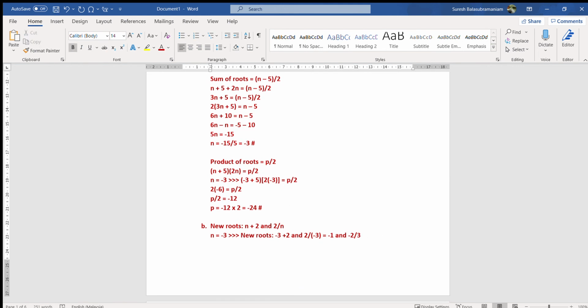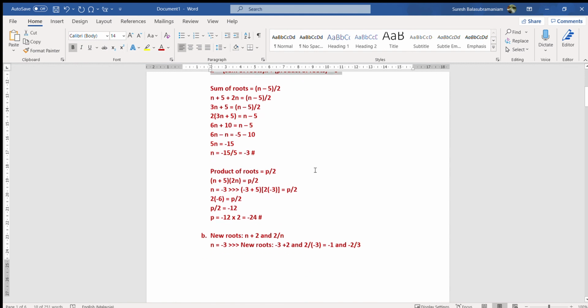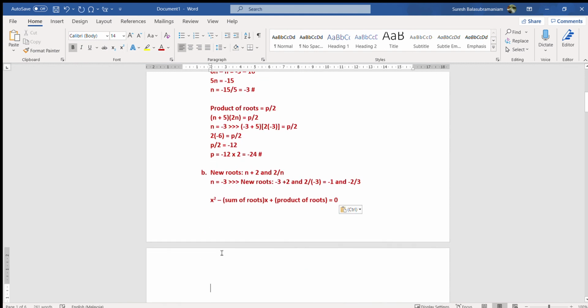Okay, I can move on. Before that, I can just copy this. So that is the formula for sum of roots and product of roots. I can just replace that.